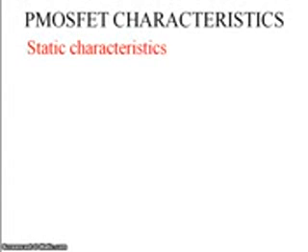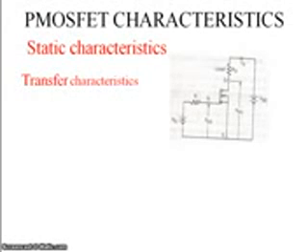So now let's discuss the power MOSFET characteristics. First of all, let's see the static characteristics of a power MOSFET. The static characteristics include transfer characteristics and the output characteristics. First, let's see the transfer characteristics. The figure shows the basic circuit diagram for N-channel power MOSFET, where voltages and currents are indicated.